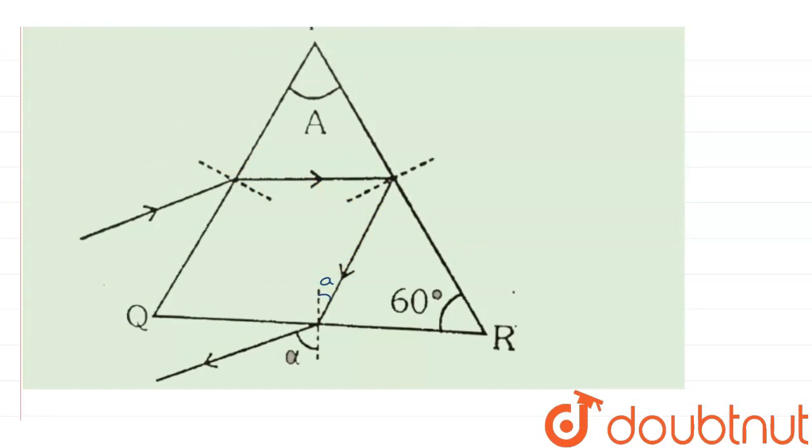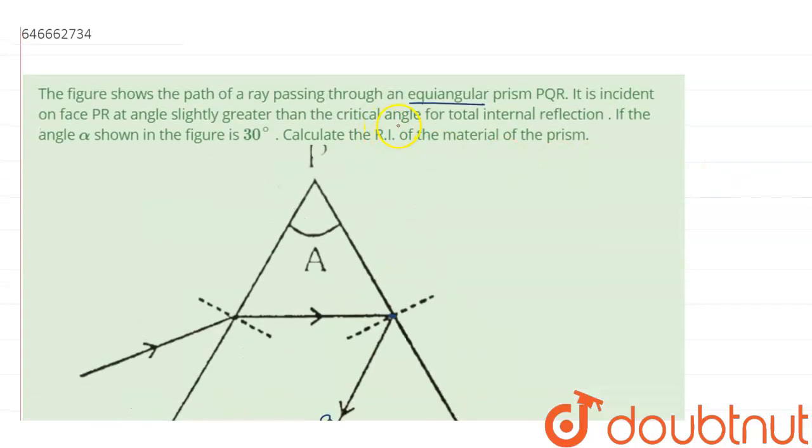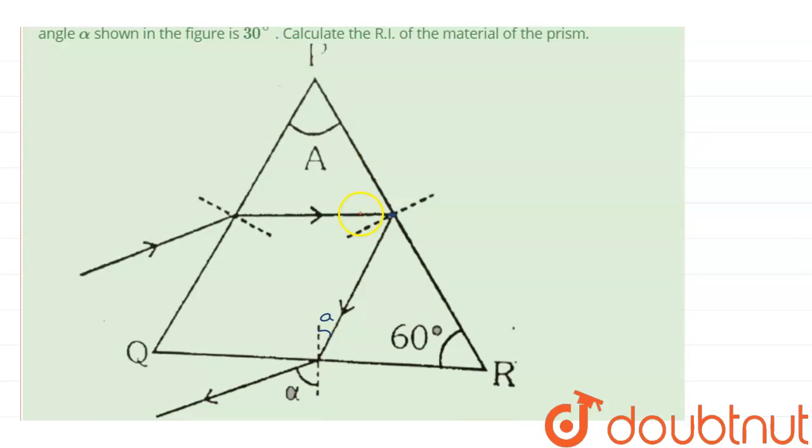Now, at this junction, total internal reflection is happening, and the question says that this angle is only slightly greater than the critical angle. So I can assume that it is almost equivalent to critical angle IC.